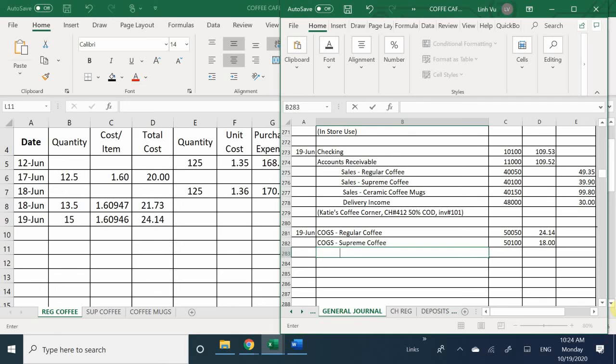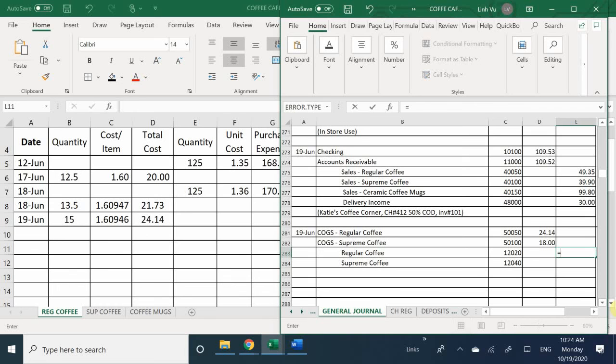Okay, and what are they? Regular coffee and then Supreme coffee. Okay, so that should be 12.020 and 12.040.